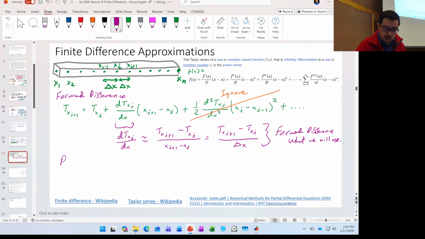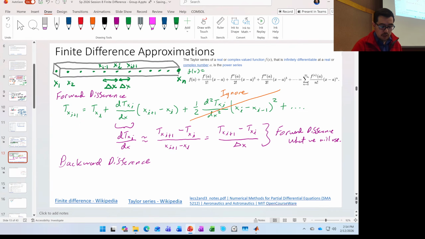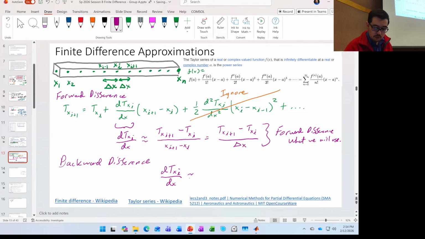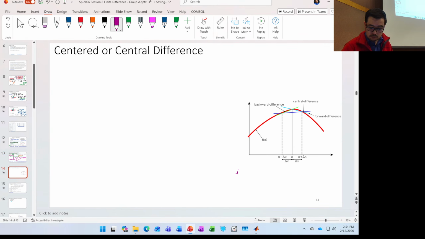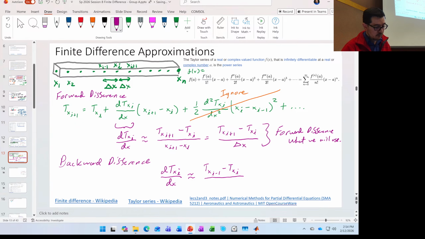Similarly, the backward difference, I'm skipping some of the math here, but you can write it out as the following. It can be approximated as that.